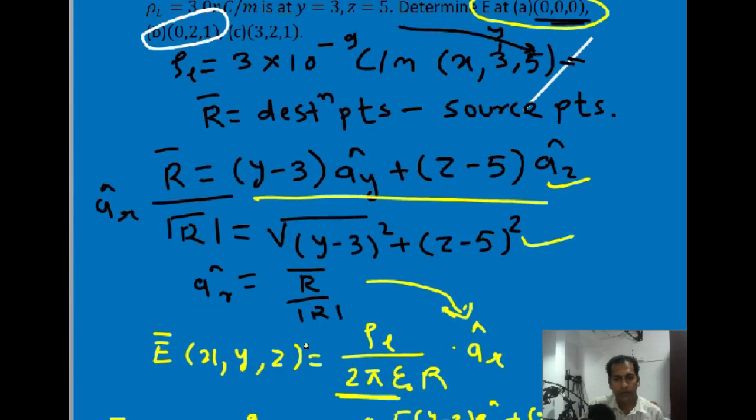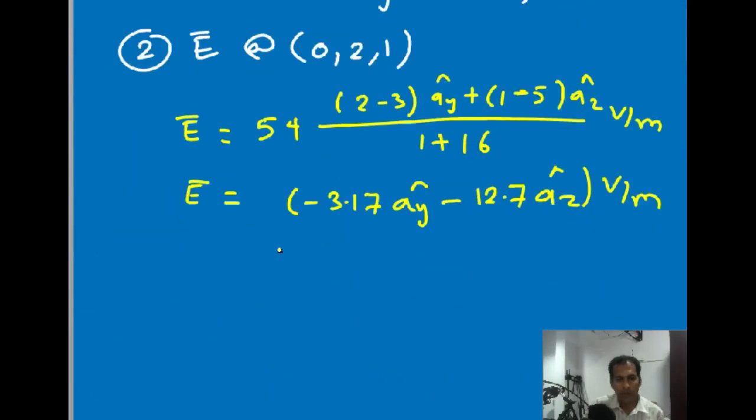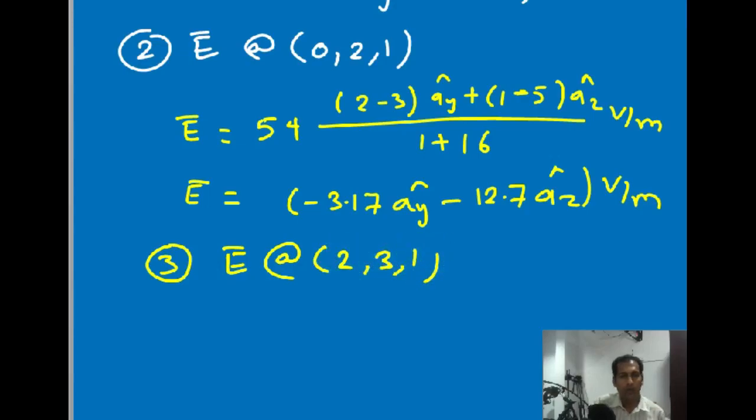Now what is the third one? Third point we have to calculate for point 3, 2, 1. So here we will calculate the third one. Third one, E bar at 2, 3, 1. So let us put the values here, say 54.